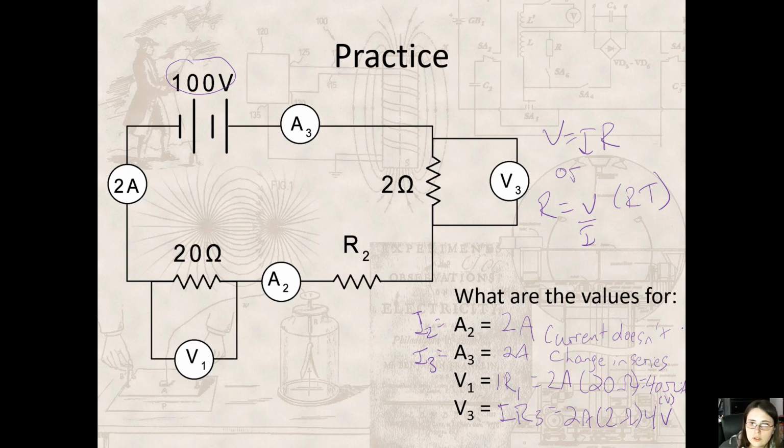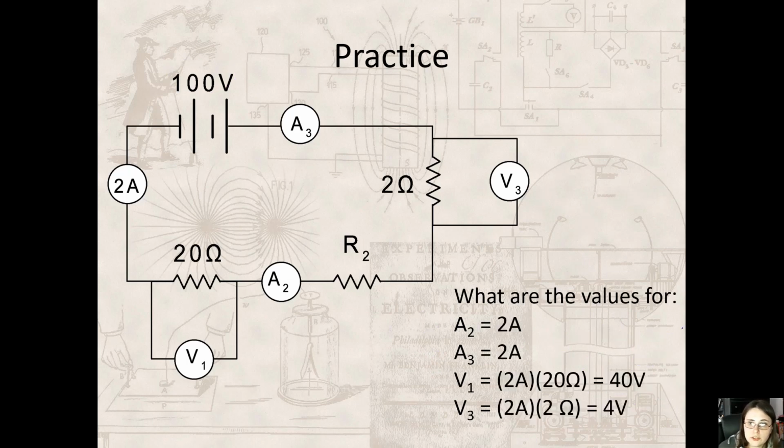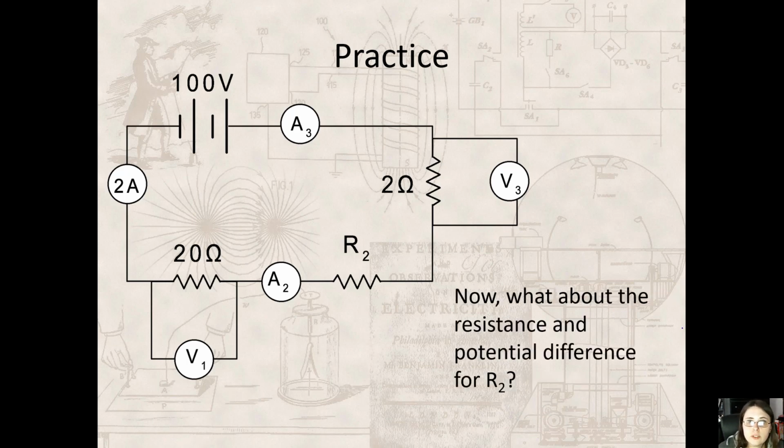Okay, so here's the answer a little neater. Then we can go and solve for this R2 that is also here. When we solve for R2, what we have to realize is that we first have to find the total resistance. We need to find R equivalent. What is that for the whole circuit?